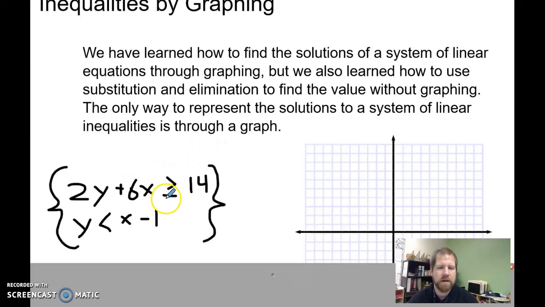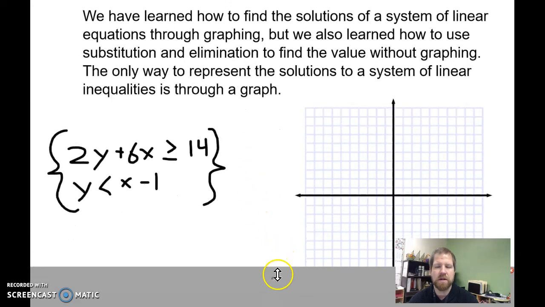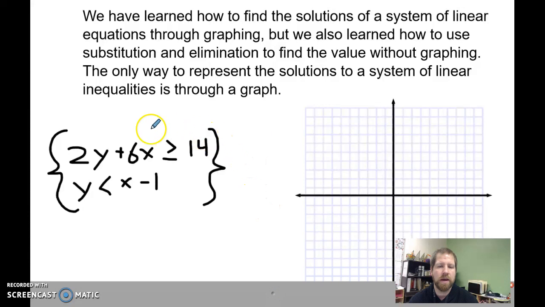With linear inequalities, we don't have just one ordered pair that's a solution. We have an infinite number of ordered pairs. So what we are going to be doing when we are finding the solution to a system of linear inequalities is actually graphing.